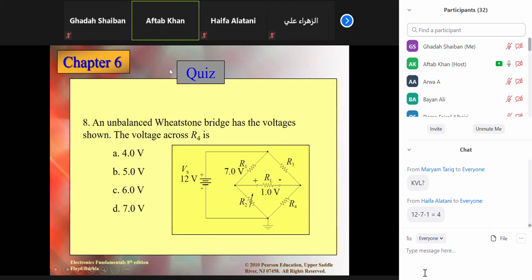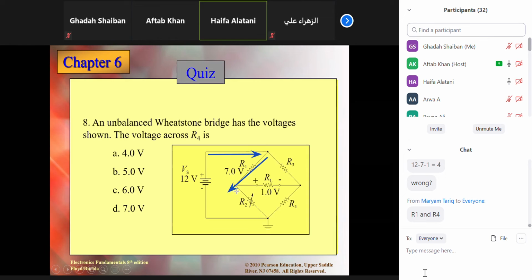So what is the closed path which you apply? You can apply this way, and this is already, so we'll go this way. Yeah, then to the right, then through RL.